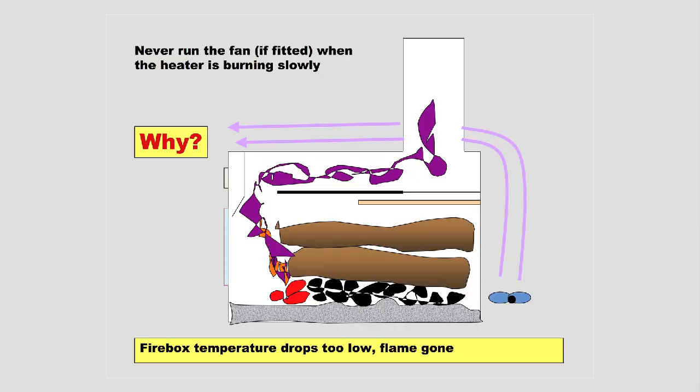Another important thing when operating the wood heater relates to the use of fans. A lot of wood heaters have what they call a convection fan, a fan that you switch on and it blows air around the back of the wood heater and out into the room, and you get a nice flow of hot air coming out into the room.